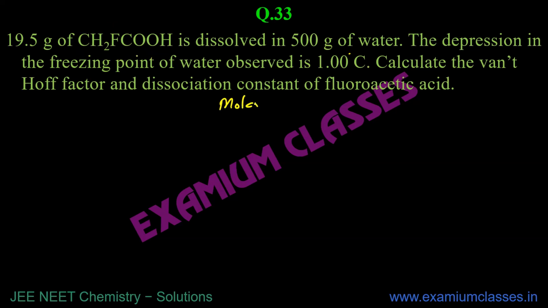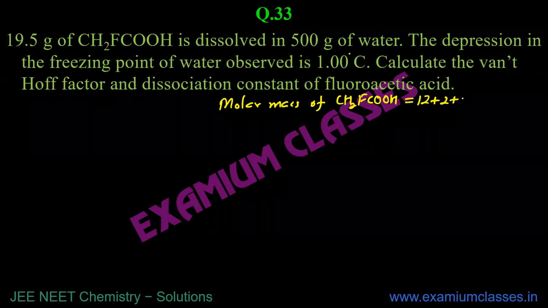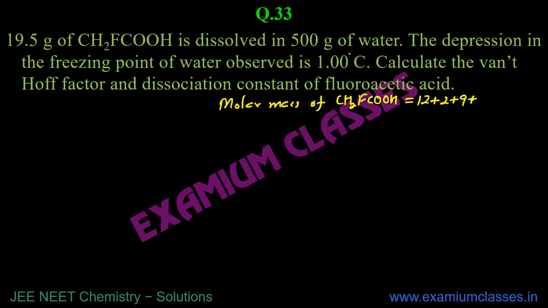So molar mass of CH2FCOOH will be 12 plus 2 plus fluorine will be 19, plus again 12, plus 2 oxygens, plus 1. 14 plus 19, 33 plus 12, 45 plus 1, 46 plus 30, 76 plus 1.